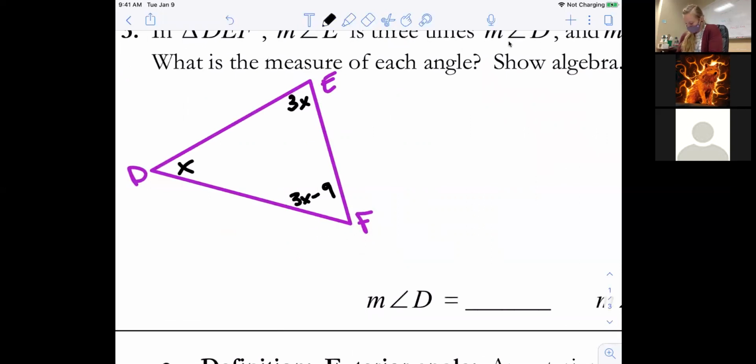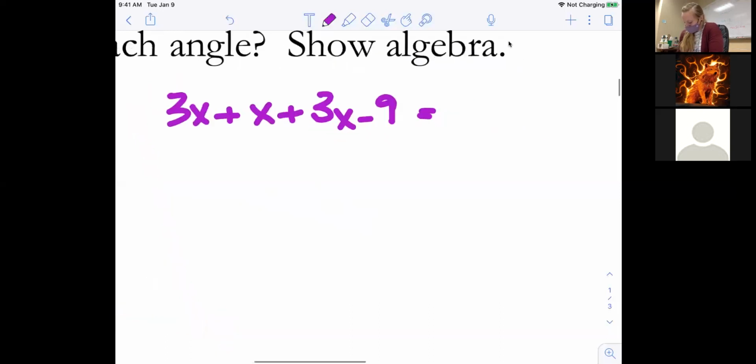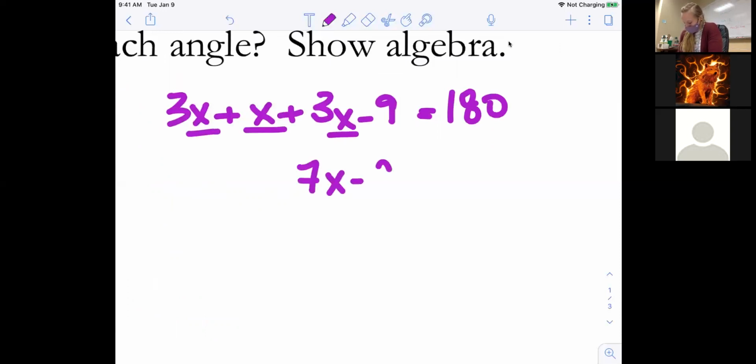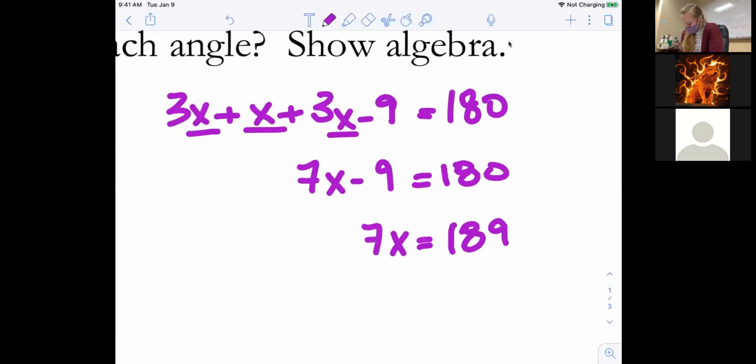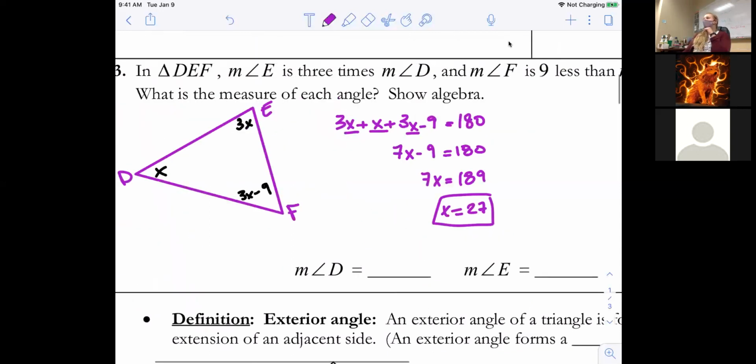I see some of you furiously writing away because you're hustling through it. Set up my equation, I combine my like terms. I add 9 to both sides, and I divide by 7. Now it doesn't just want X, it wants all of the angles.